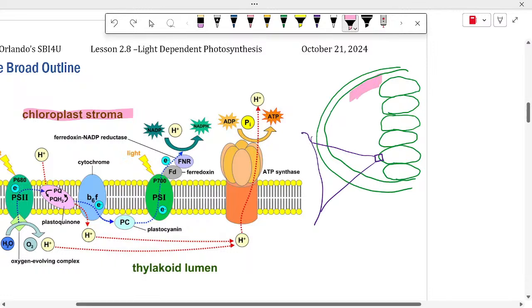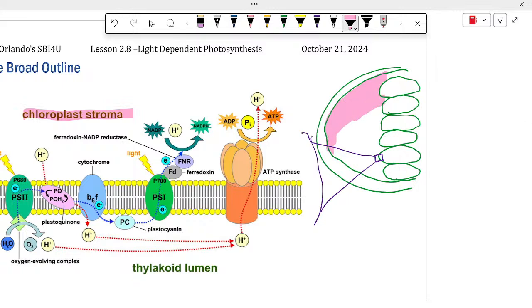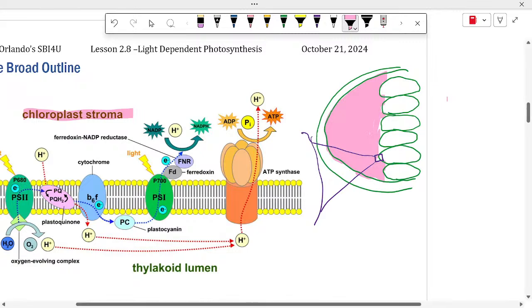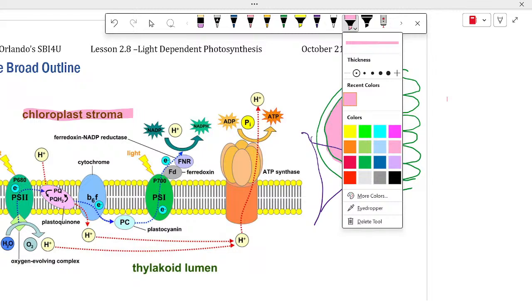So this is the stroma. All right, so that would be the stroma.